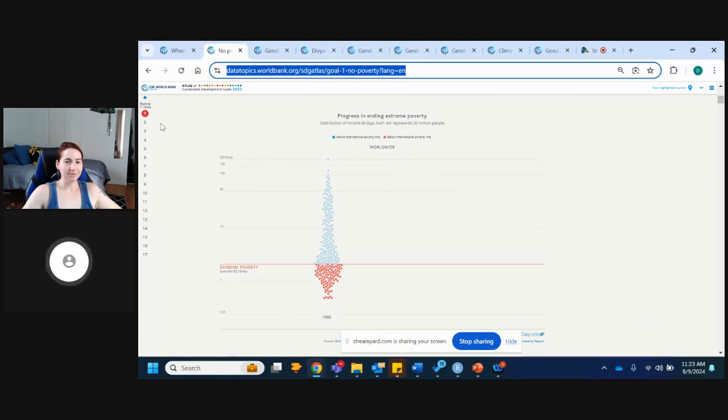This is from the first chapter on global poverty, and here what we are showing is the progress in ending extreme poverty. Everything below the red line shows the number of people who are poor, who are below earning $2.15 a day, equivalent to what that was in 1990.